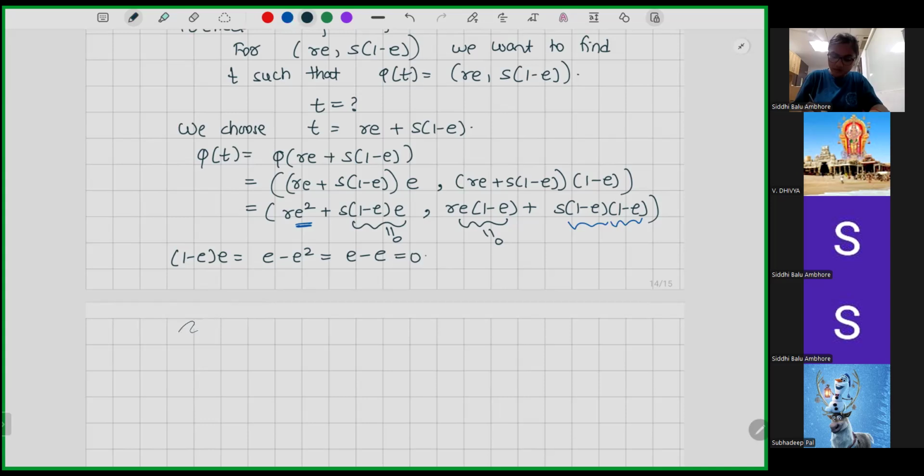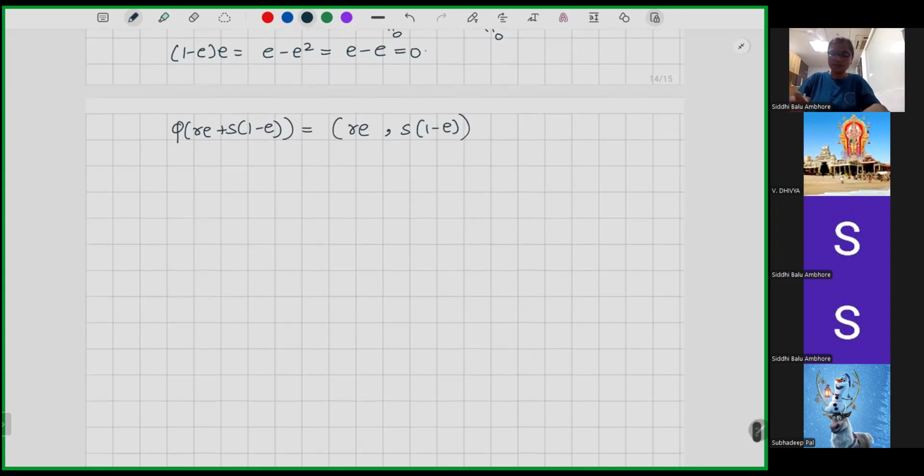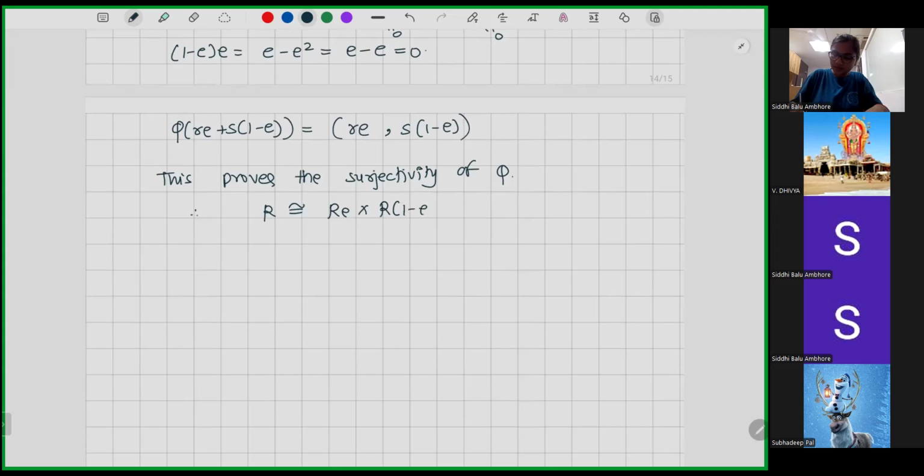So my phi of Re plus S(1-e) actually becomes (Re, S(1-e)). So this proves the surjectivity of this map phi. Okay, so therefore R is isomorphic to Re cross R(1-e).